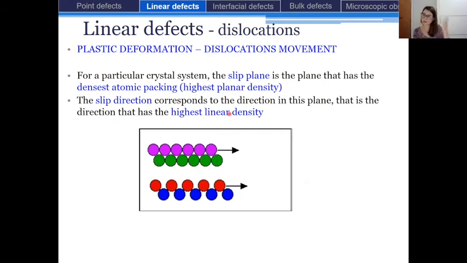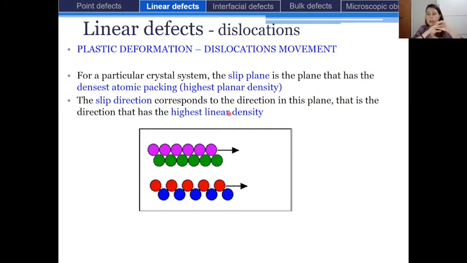So in previous classes, we introduced unit cells to describe crystal materials. We observed that in some planes we have higher planar density, and we also observed that in some directions we have high atomic linear density.